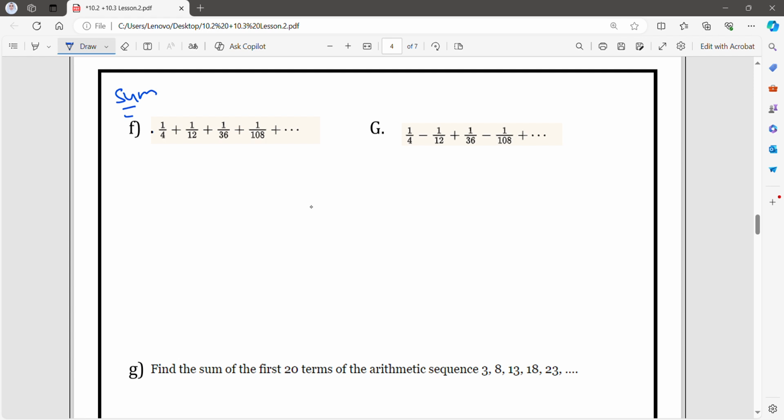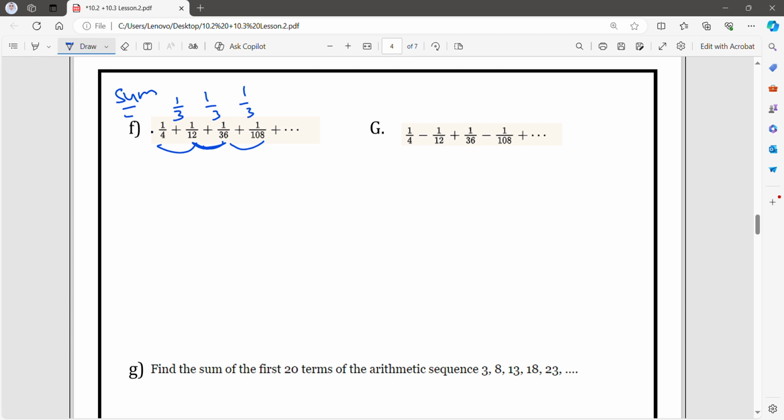So 1 over 12 divided by 1 over 4, which is 1 over 3. Now divide this by this, it is also 1 over 3, and this is also 1 over 3.